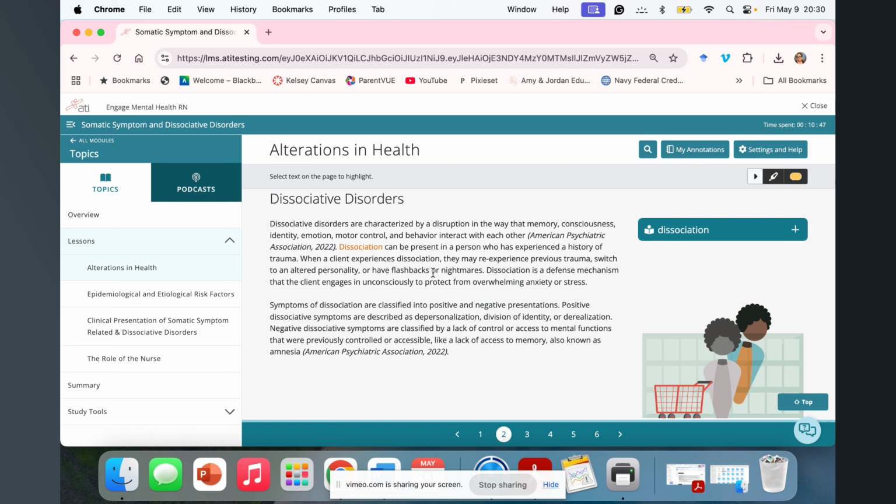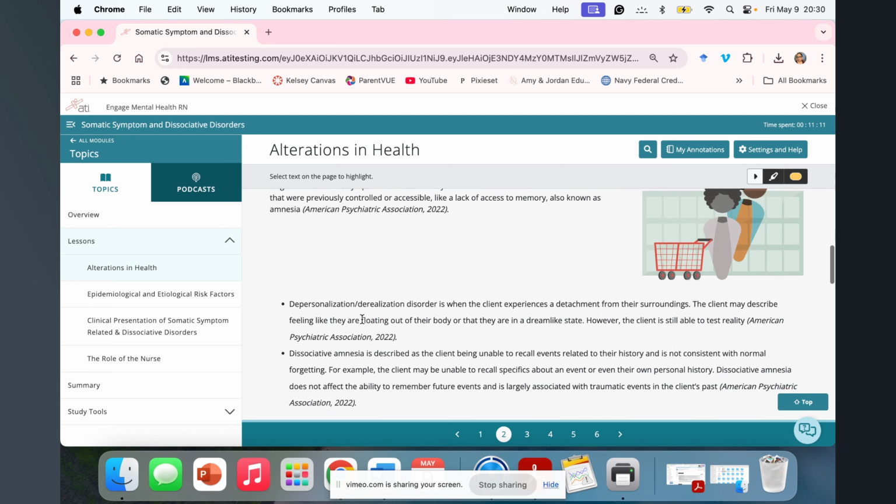When a client experiences dissociation, they may re-experience previous trauma, switch to an altered personality, have flashbacks or nightmares. All right. So you have depersonalization. Well, we'll go through it.